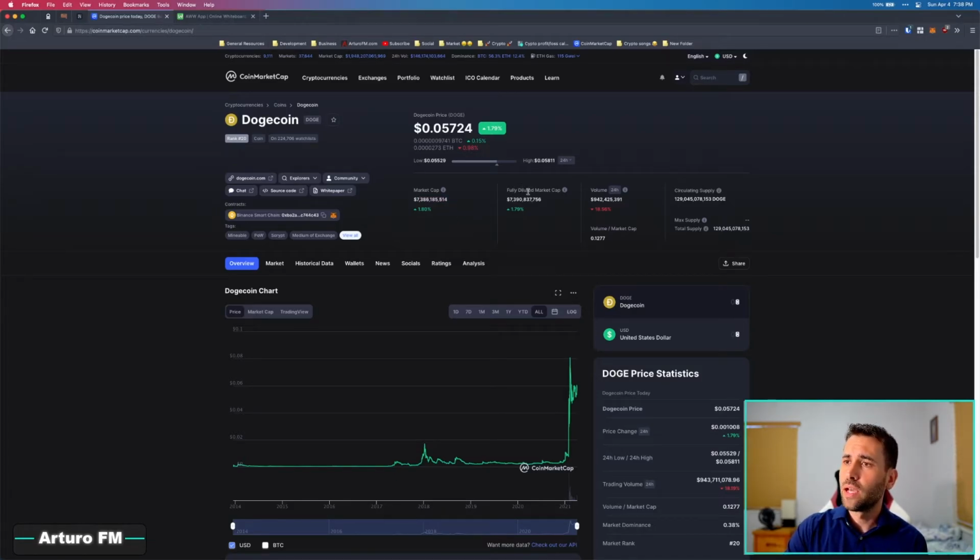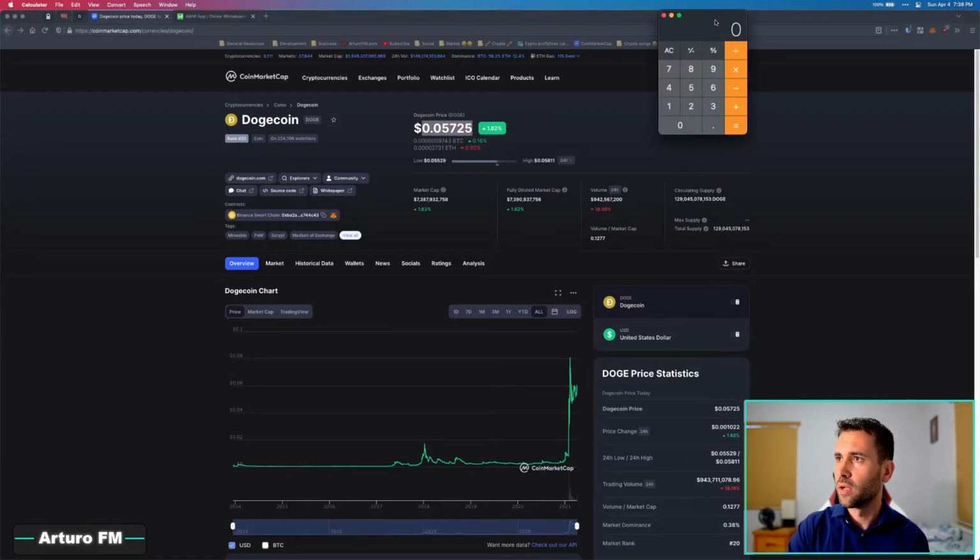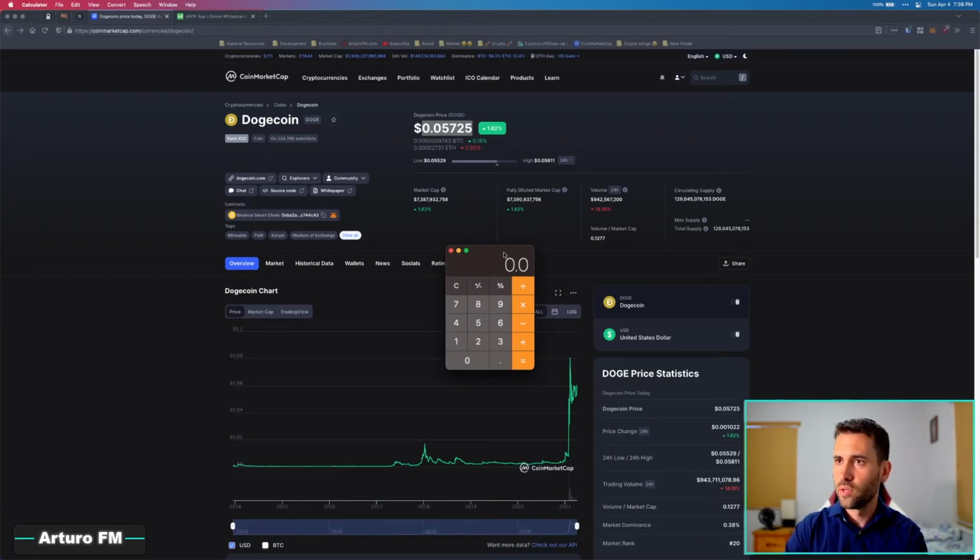Now, the fully diluted market cap is just a little higher, but I believe that you can create more Dogecoin. It doesn't have a limit, so that is not important in this case. What I'm concerned about is the market cap and the price. So let's put the calculator here. We got 0.05725.